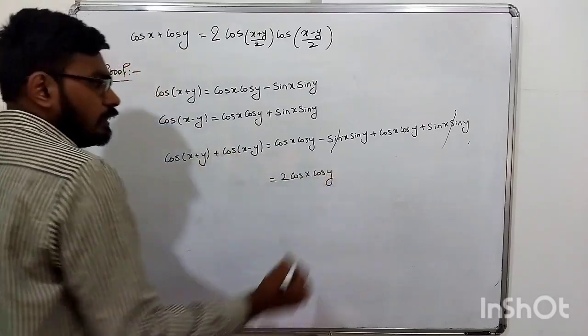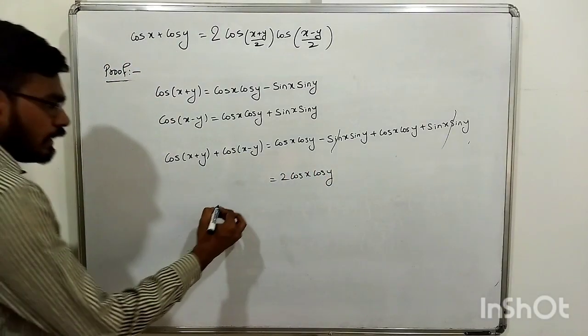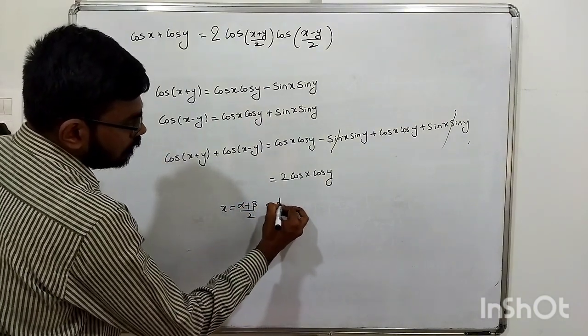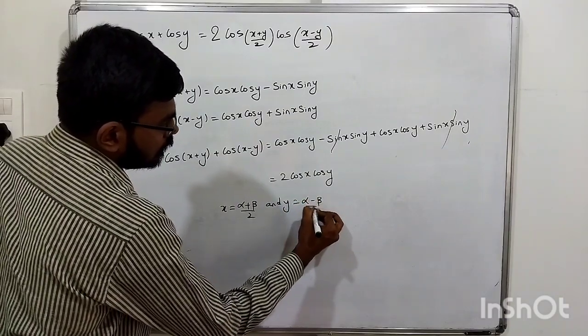And again, same way as we did in the previous formula, in place of x we take alpha plus beta upon 2, and in place of y, alpha minus beta upon 2. Then substitute.